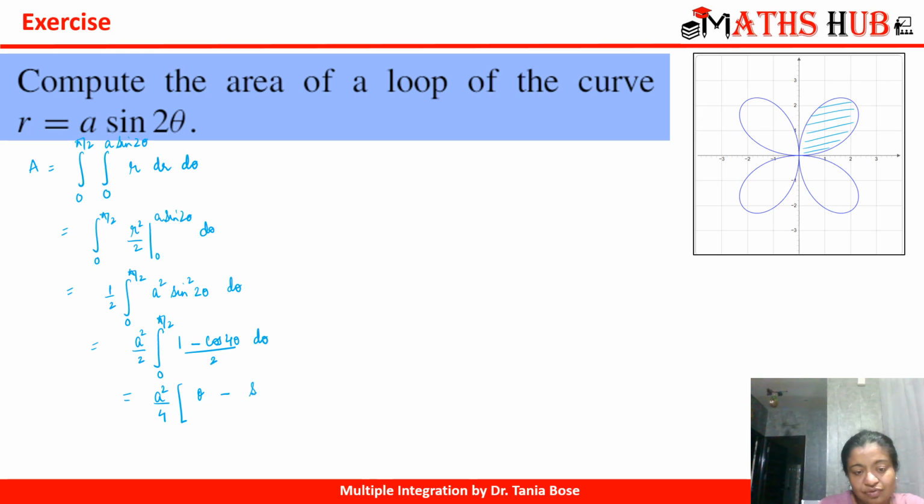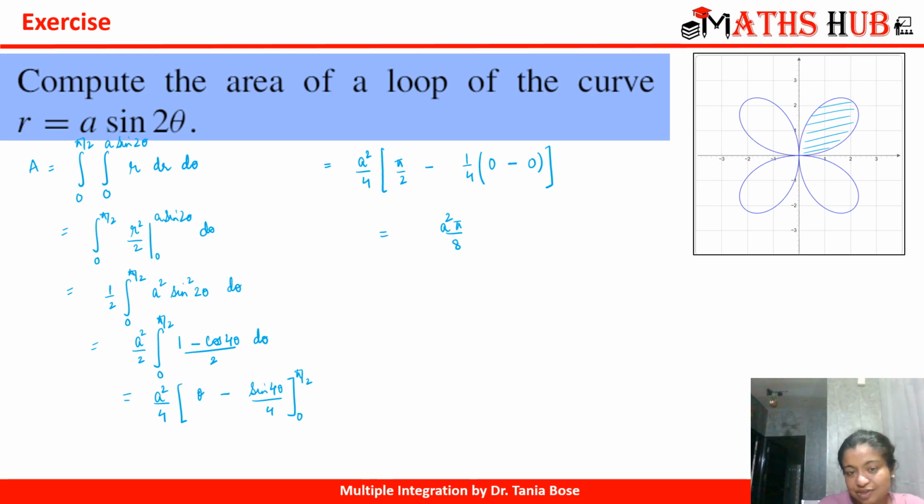Integration of cos 4 theta is sine 4 theta by 4. Limits from 0 to pi by 2. So that is a square by 4. Theta will become pi by 2 minus 1 by 4. Sine 4 into pi by 2 is sine 2 pi, which is 0, minus sine 0 is also 0. So that becomes a square pi by 8, right?